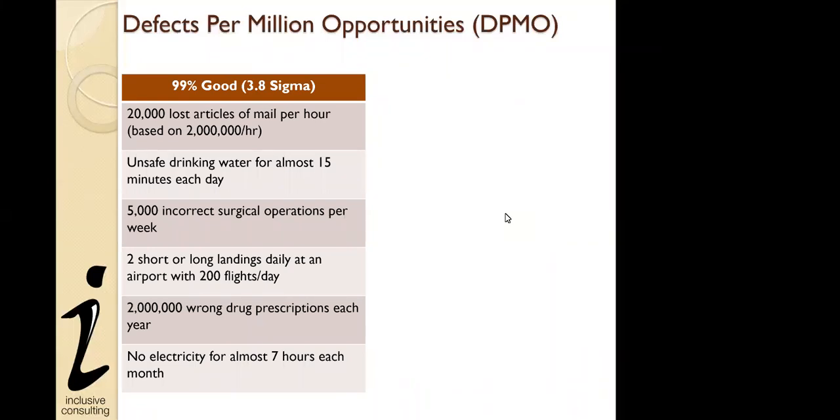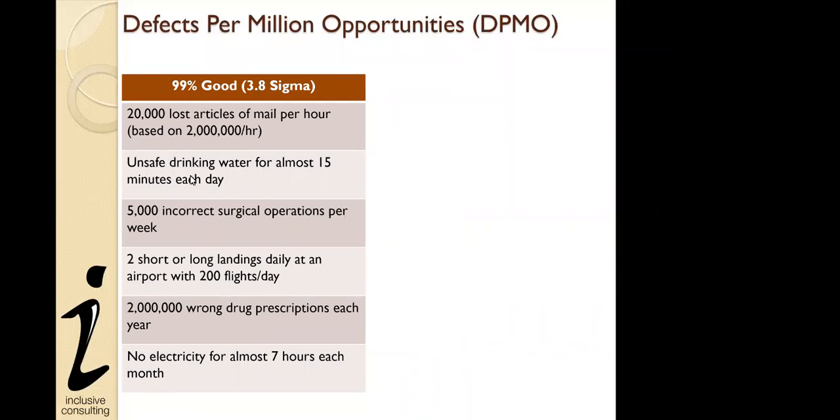For an example like Emirates Post, based on an average of 2 million articles or mail items they deliver per hour, 99% accuracy would mean they would misdeliver or lose 20,000 mail items per hour.